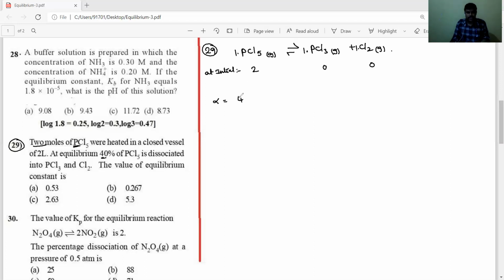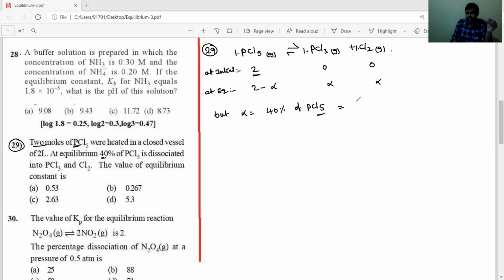Okay, wait, dear students. At the equilibrium state, it decomposes some amount, let it be alpha, means 2 minus alpha, and alpha and alpha are formed, but alpha is equal to 40% of PCl5. So how much alpha is present, dear students?